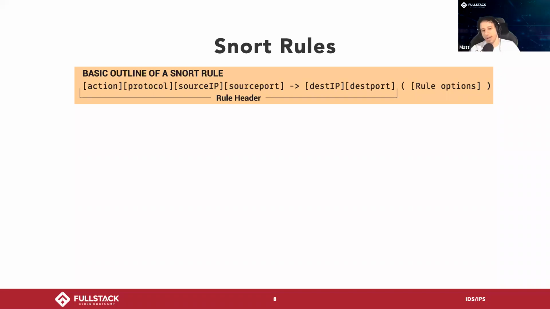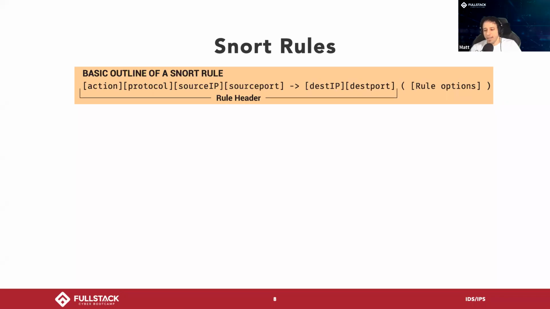Then you have your destination IP and destination port, followed by parentheses, rule options. The square brackets denote where you're going to put those variables. You don't actually have square brackets. There are literal parentheses, and the fields are separated by spaces.